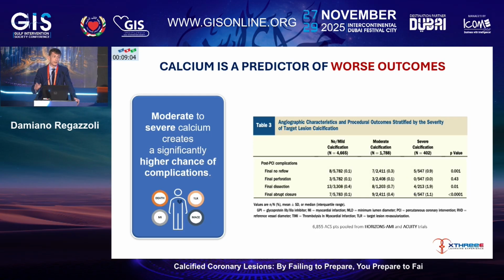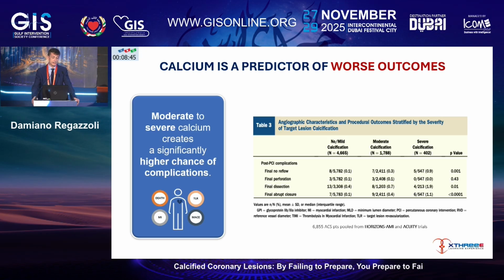So we all know that calcific lesions are a little bit of a nightmare for our patients and for ourselves when we are doing the procedure, because calcific lesions are linked to acute potential complications like no-reflow, perforation, dissection, and abrupt vessel closure.